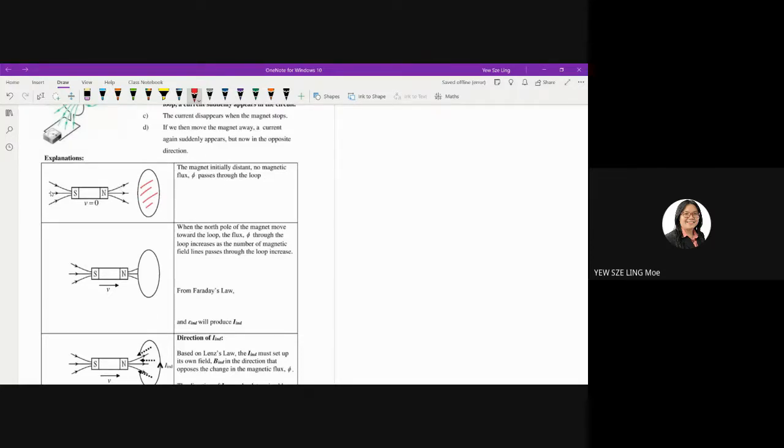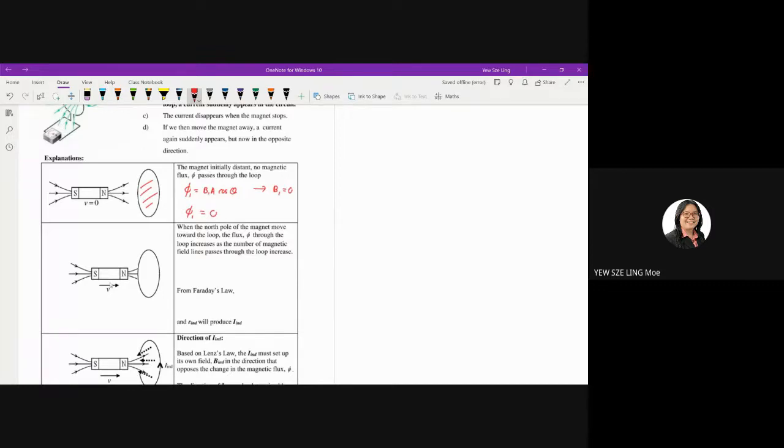This is case 1, I'm going to call it flux 1, which equals B1 A cos theta. In this case, because the magnet is far away from the loop, B1 equals 0. If B1 equals 0, then flux 1 also equals 0.